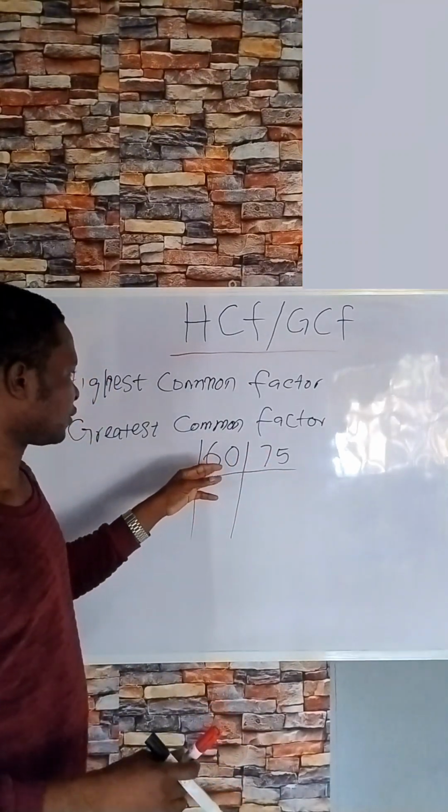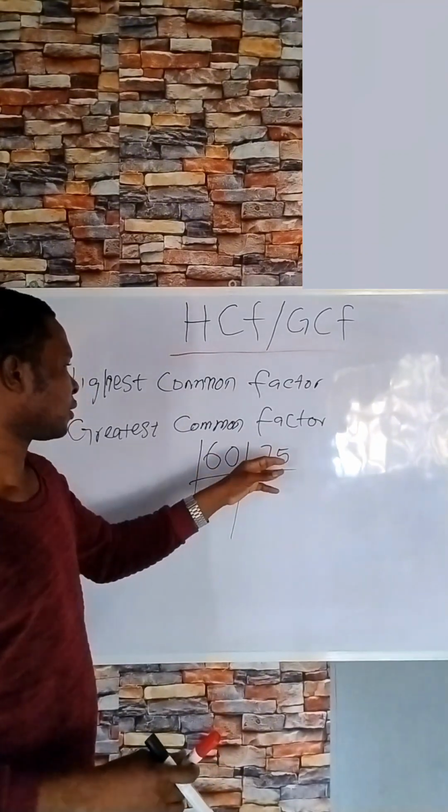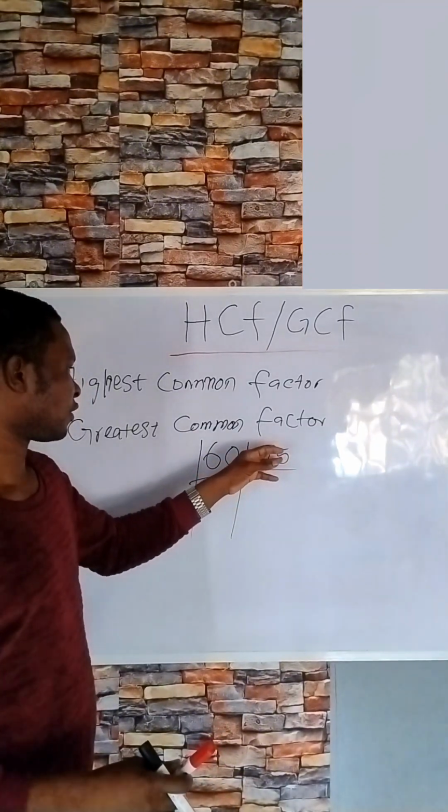Let's start with 20. 20 cannot go. 10, there will be a remainder of 5 here.